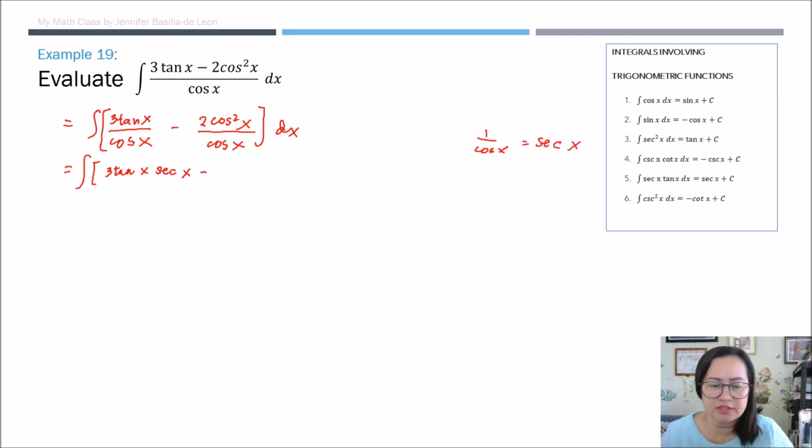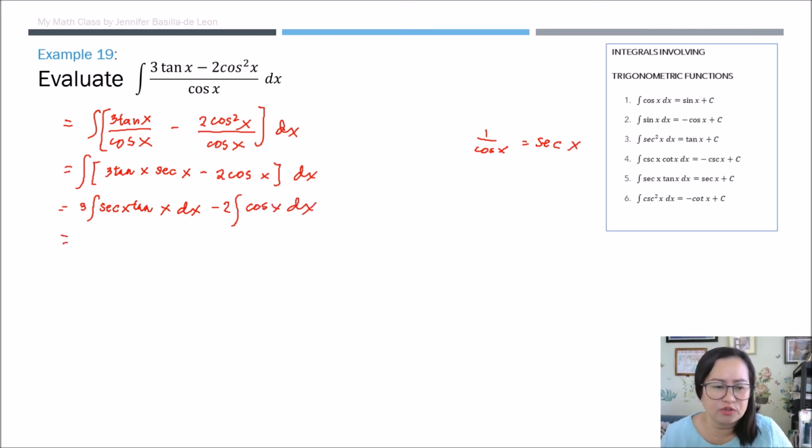Now canceling cosine, we will have 2 cosine x dx. Now rewriting, we can have 3 times the antiderivative of secant x tangent x dx minus 2 times the antiderivative of cosine x dx.